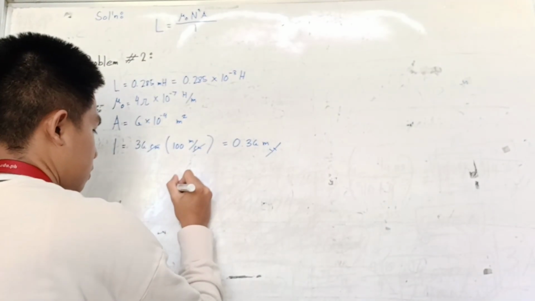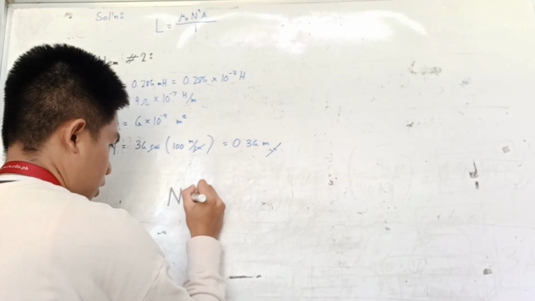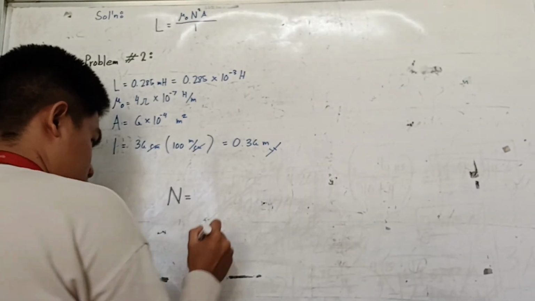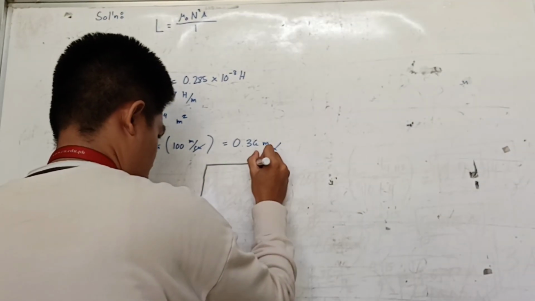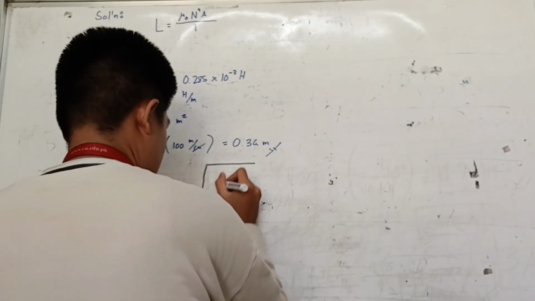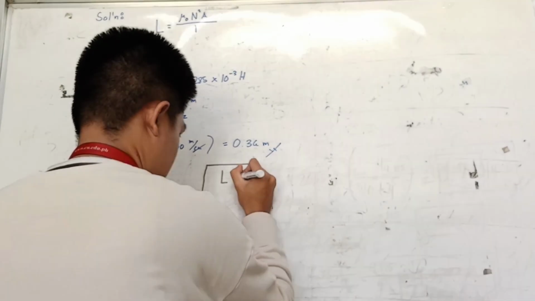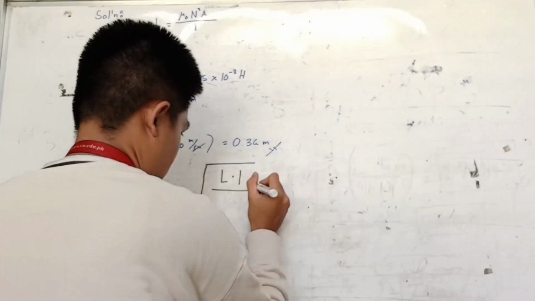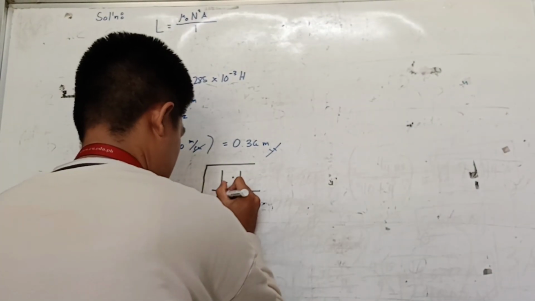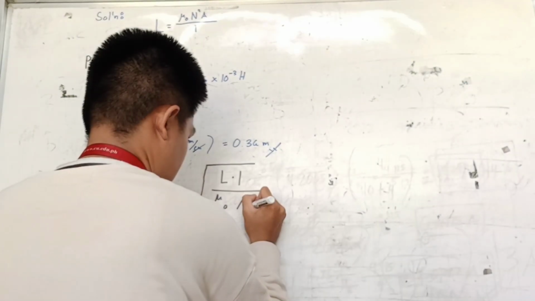The formula is N, for turns, equals the square root of inductance times L over mu sub-0 times area.